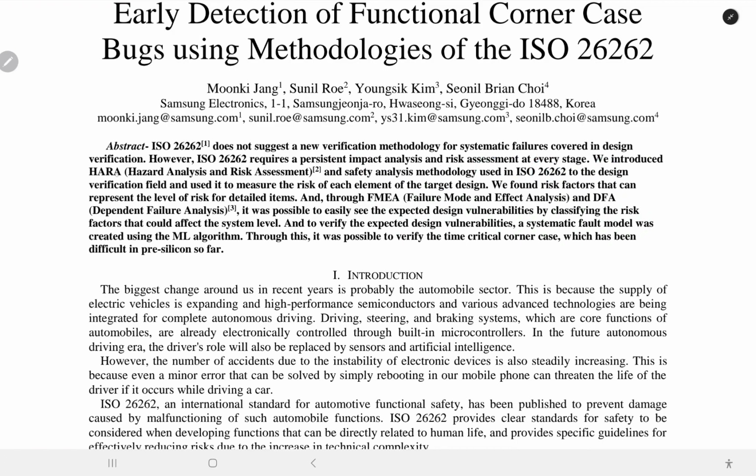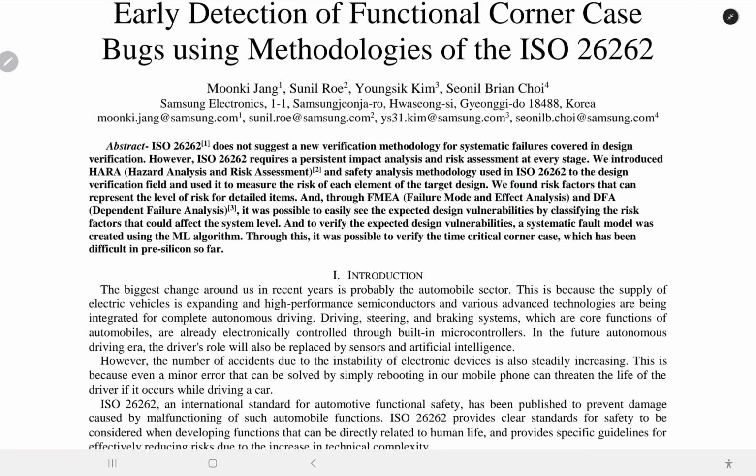So we introduced HARA, Hazard Analysis and Risk Assessment, a safety analysis methodology used in ISO 26262, to the design verification field and used it to measure the risk of each element of a target design.